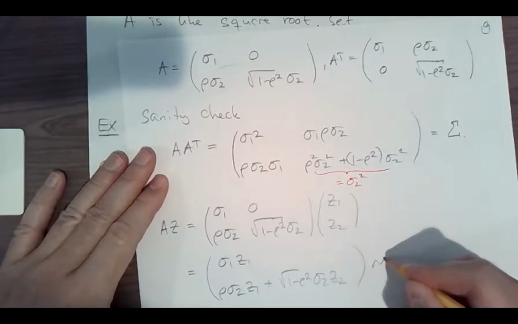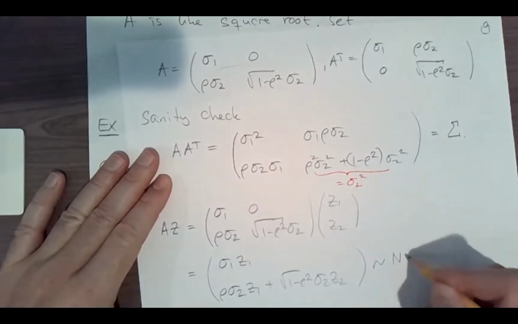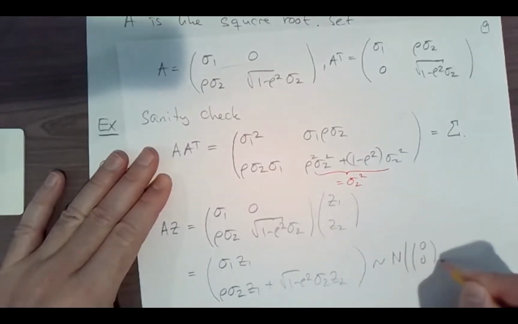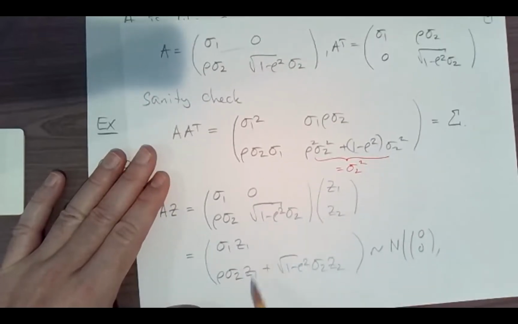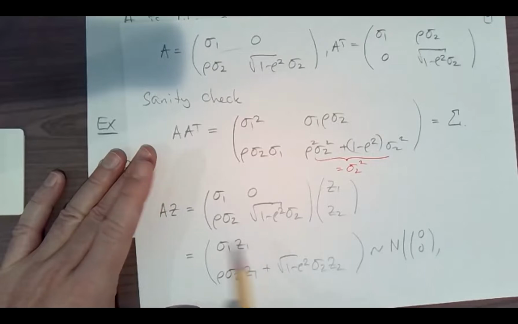And this thing here is going to be normally distributed. The means are going to be 0, but they're not going to be independent. The Z's were independent, but not when you mix them up like this.